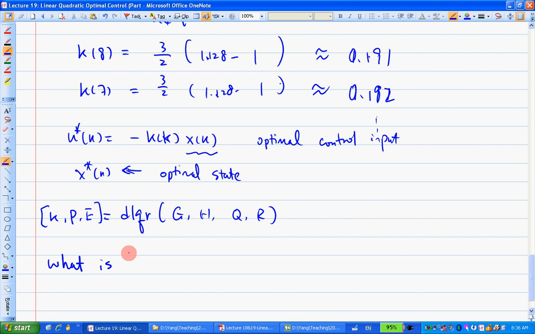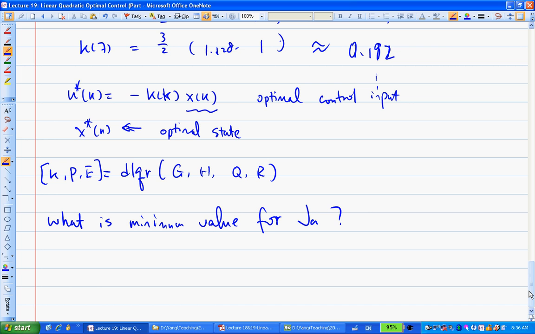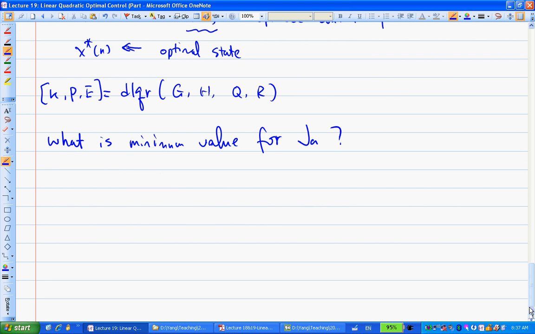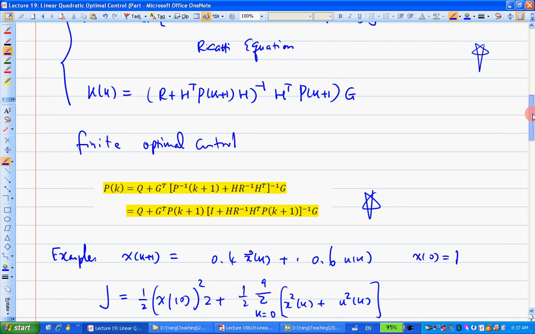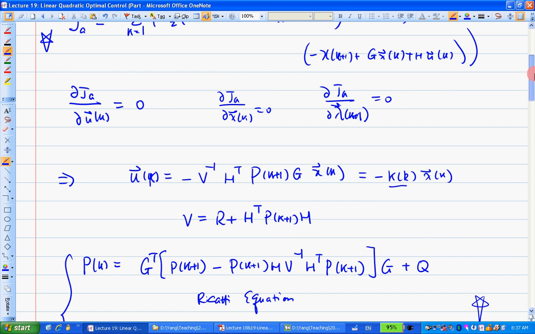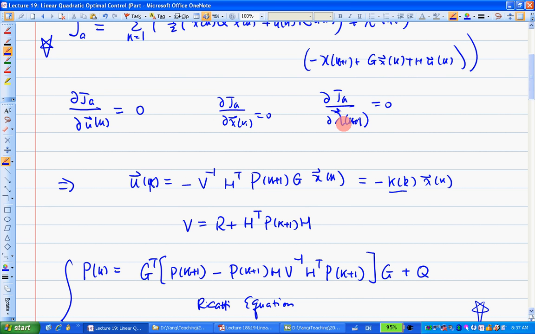So what is the minimum value for that cost function, basically? Again, I have to derive something here, so this is the boring part. If you recall what I said at the beginning, we need to calculate 3 partial derivatives.